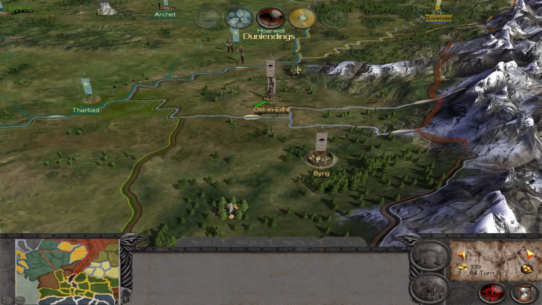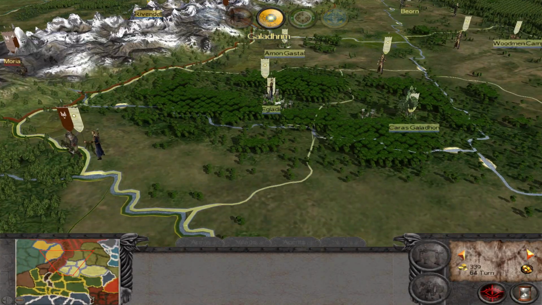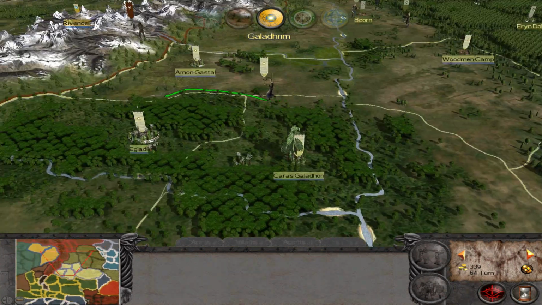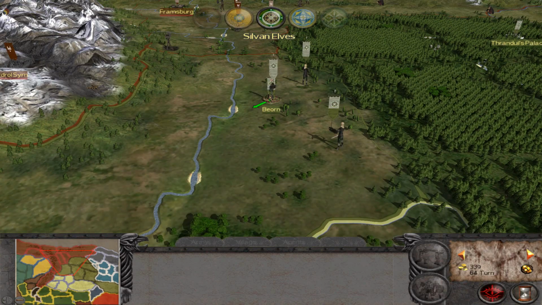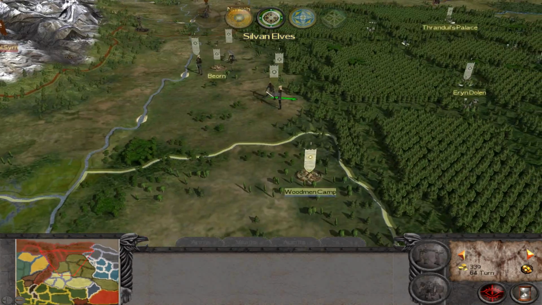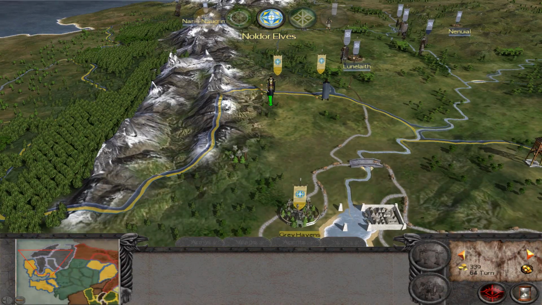We struck back the Free Peoples there. But the Free Peoples are the worst faction in the game. They do have Ents though, but not many. And the Ents, they are good of course, but anything else in their army is pretty bad quality.